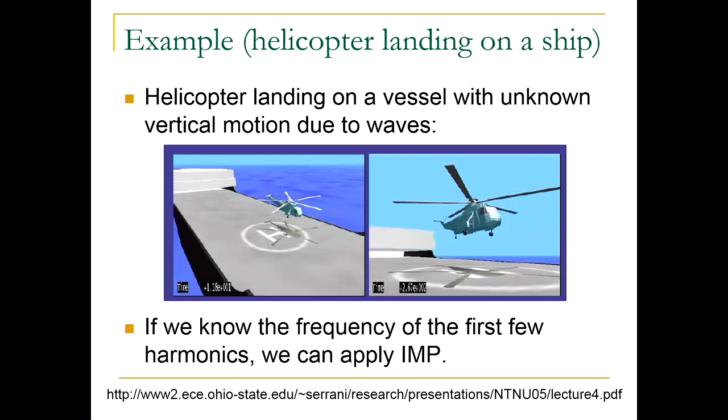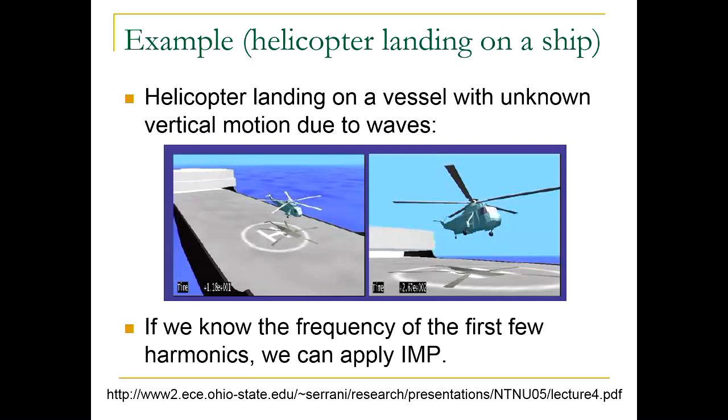If you wanted to land a helicopter on a ship with just a pilot doing it, the helicopter comes down to land, the ship is sort of moving down, the helicopter is chasing it, and then the waves push the ship up, and it literally crashes the helicopter. So what you can do is hover above the ship, measure the movement of the ship for a while, figure out the frequency of movement, then figure out the internal model controller and apply it.